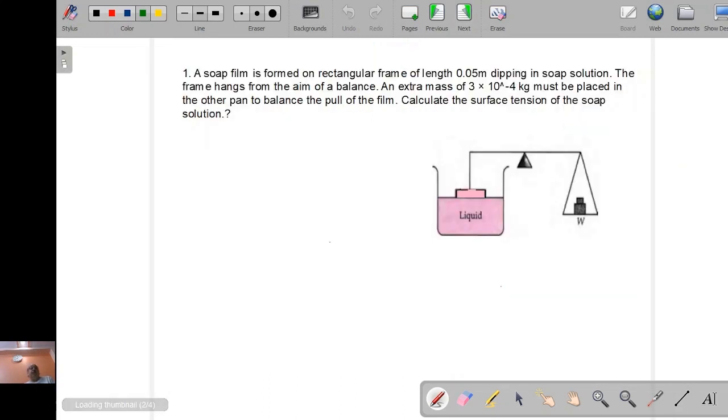Now let us solve some numericals based on surface tension and surface energy. Here is a question. A soap film is formed on a rectangular frame of length 0.05 meter.